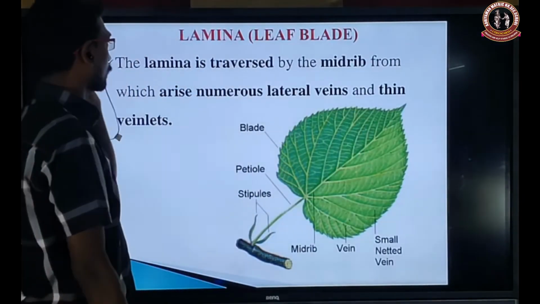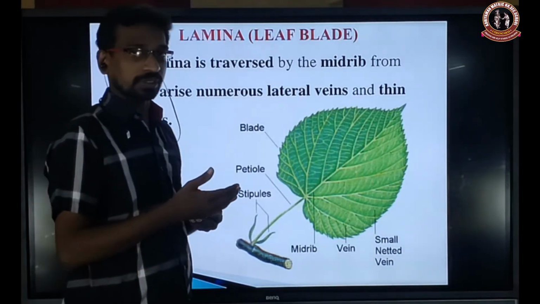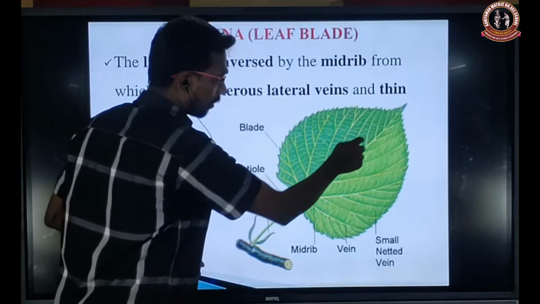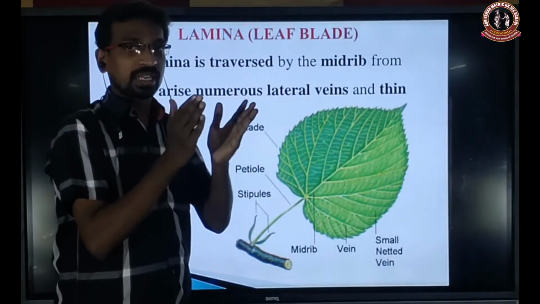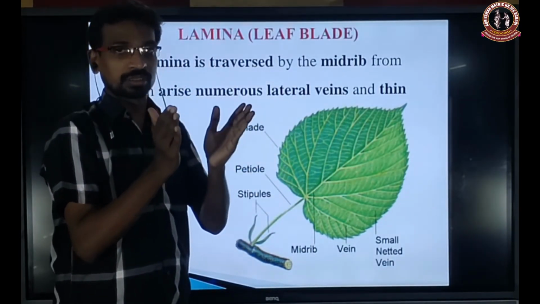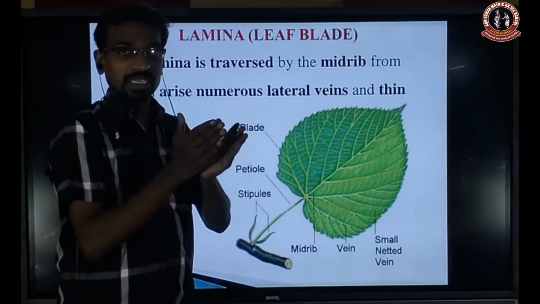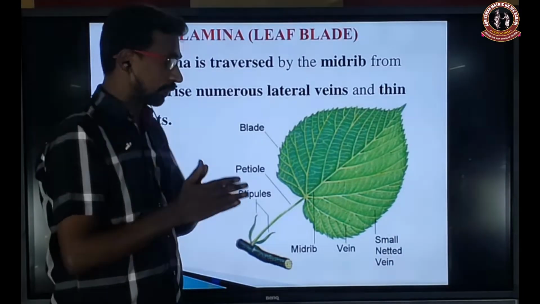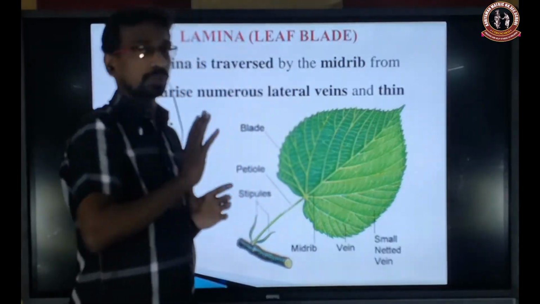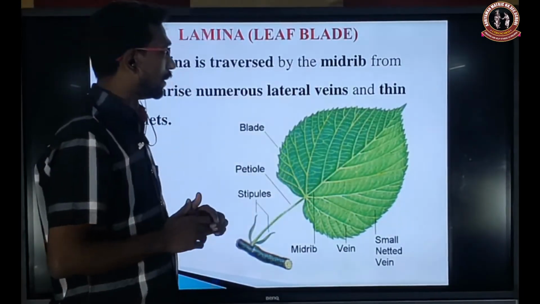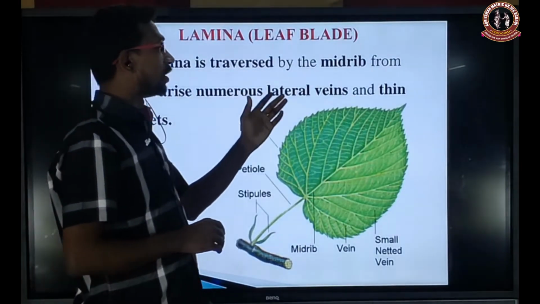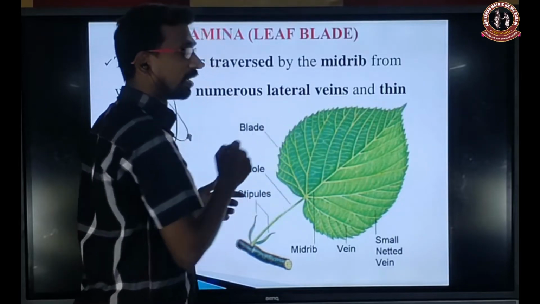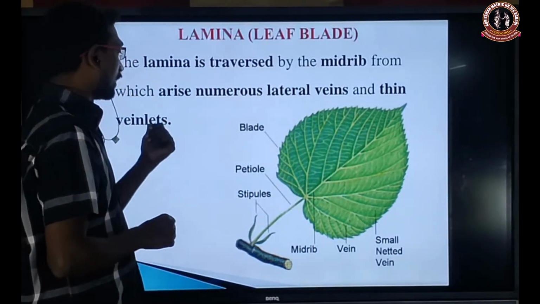The lamina is reinforced by the midrib. This is the central, middle region that divides the lamina into equal portions. The midrib is a continuation of the petiole, from which arise numerous lateral veins and thin veinlets.